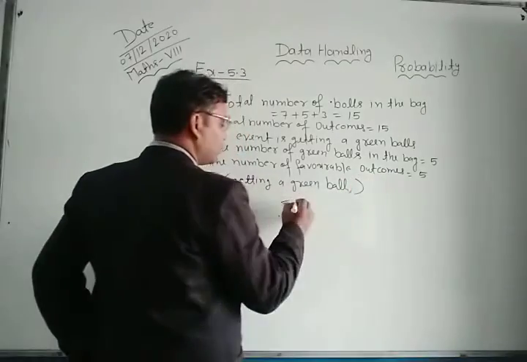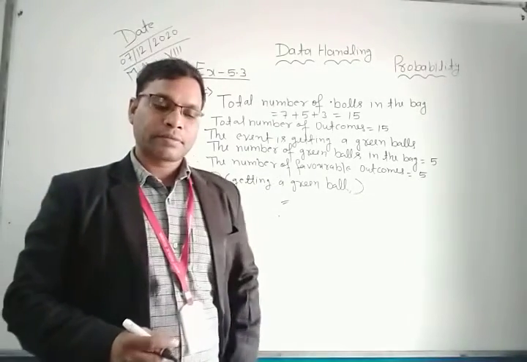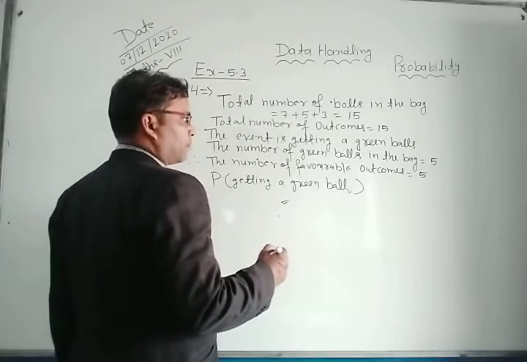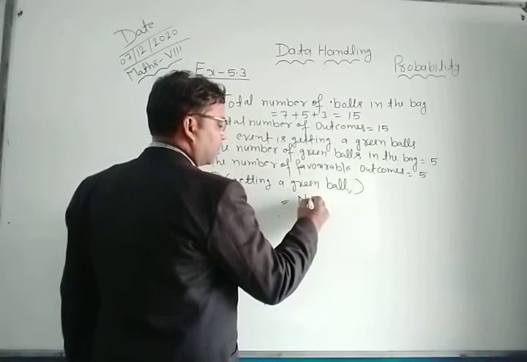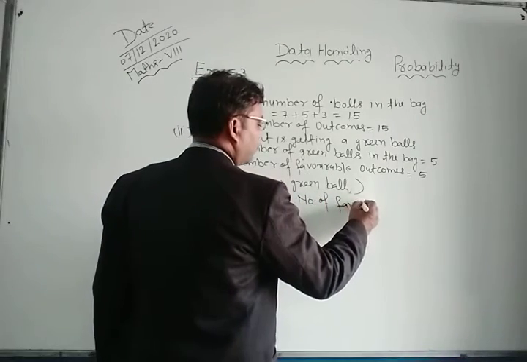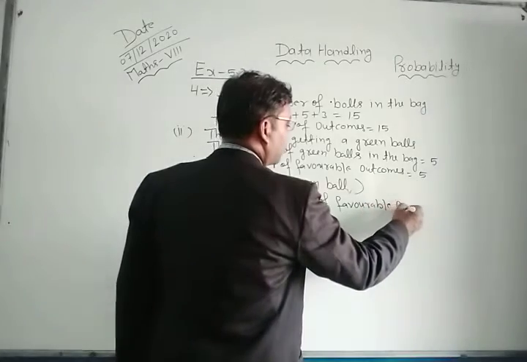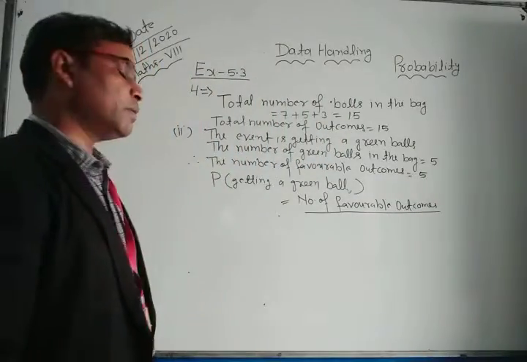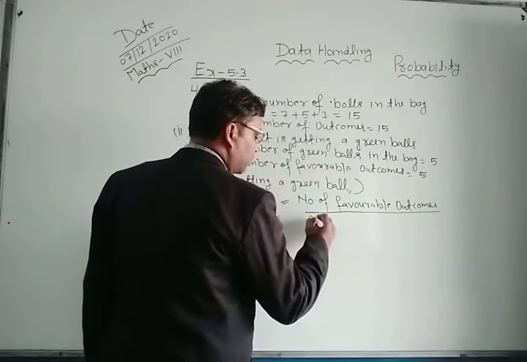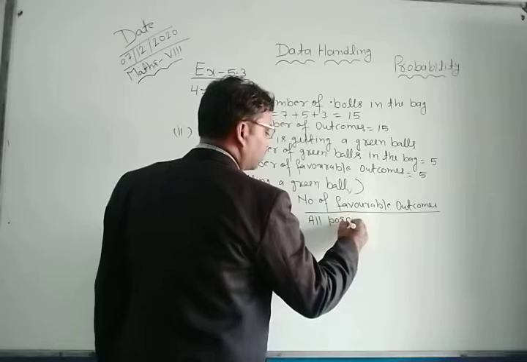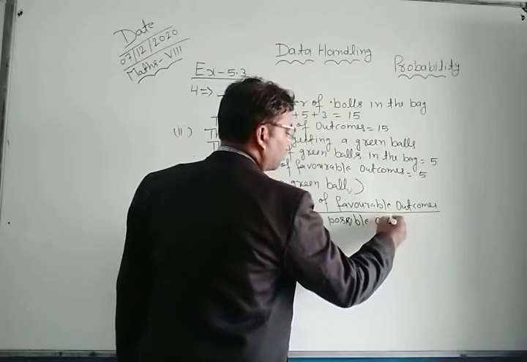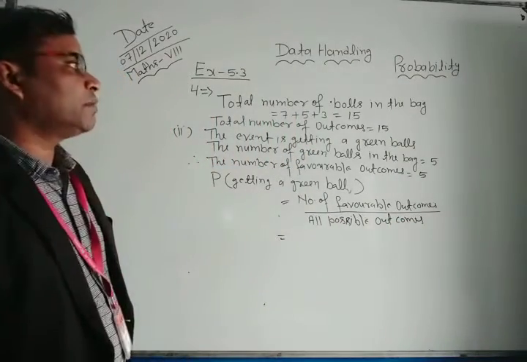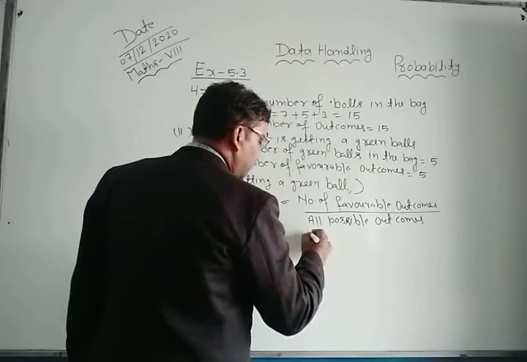Probability of getting a green ball is equal to the number of favorable outcomes by the total number of outcomes, or you can say all possible outcomes, both are the same. The total number of outcomes is 15 and the number of favorable outcomes is 5.